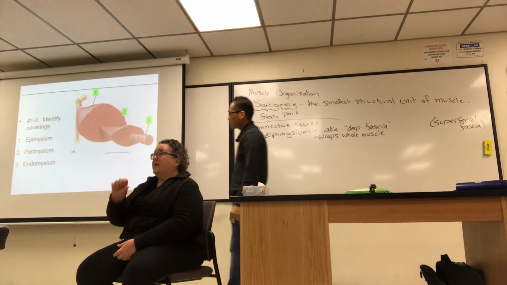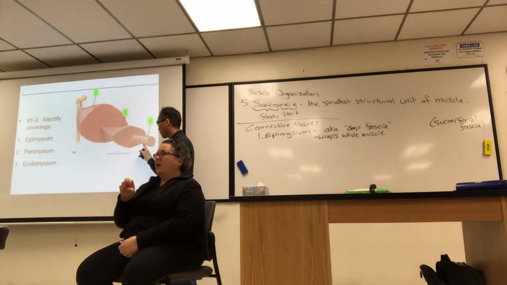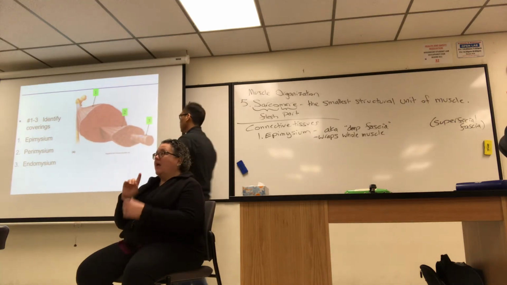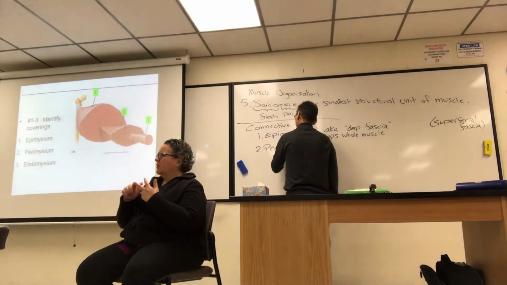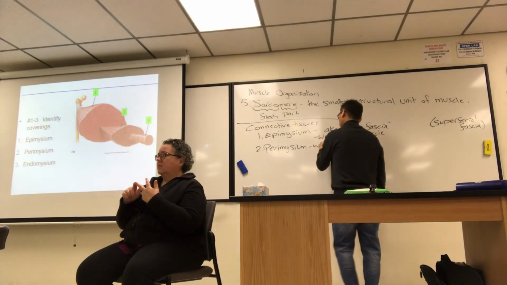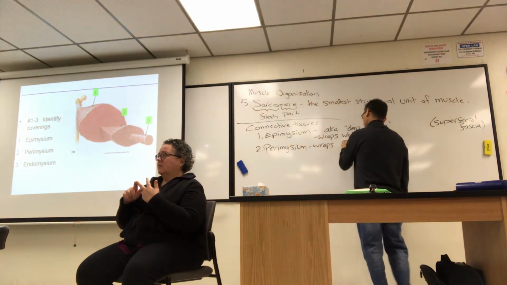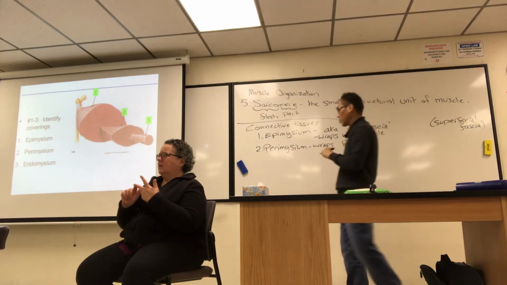The other parts, the fascicle, its wrapping is the perimysium, and the muscle fiber is wrapped with a connective tissue called the endomysium. Perimysium wraps fascicles, and endomysium wraps muscle fibers.